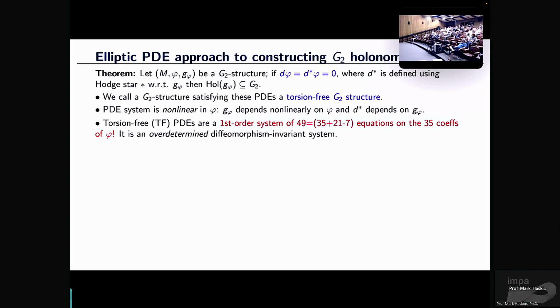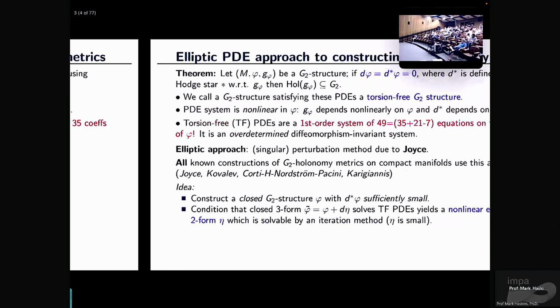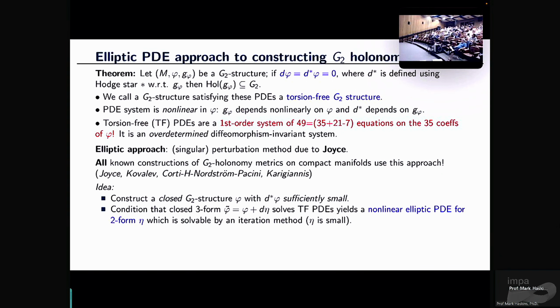And so, of course, after Robert Bryant's work, we know that there were lots of local solutions thanks to the methods of overdetermined PDE. If we want to deal with solutions on compact manifolds, then so far there's really only been one approach that I'll call the elliptic approach.